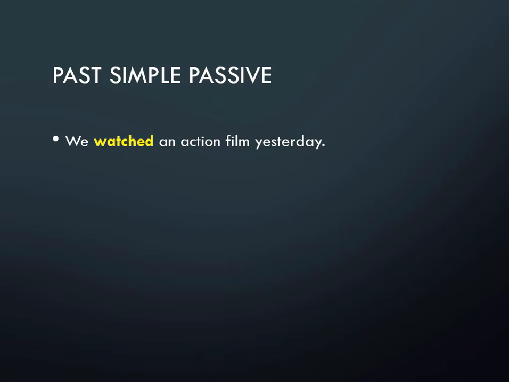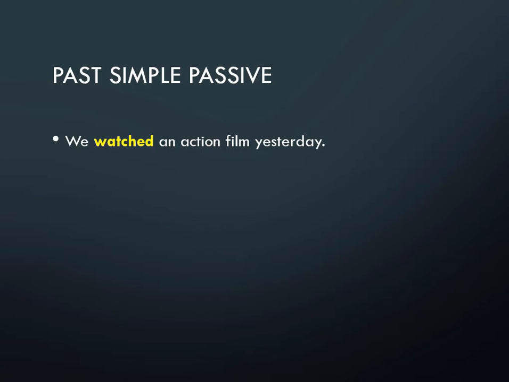It's a compound noun which plays the role of an object. So when deciding the object here, you should not go directly to film, because the word action is an adjective to the film, so we should take the complete object, an action film. And the word yesterday is a time expression.